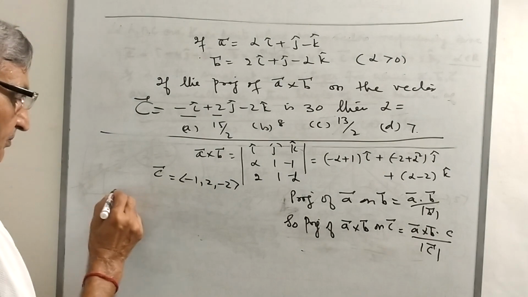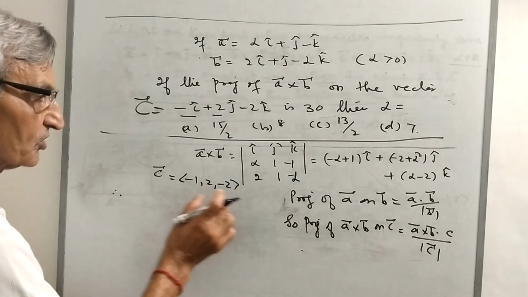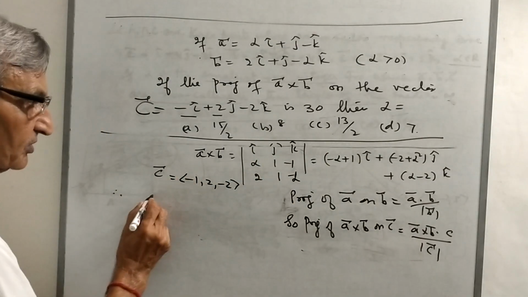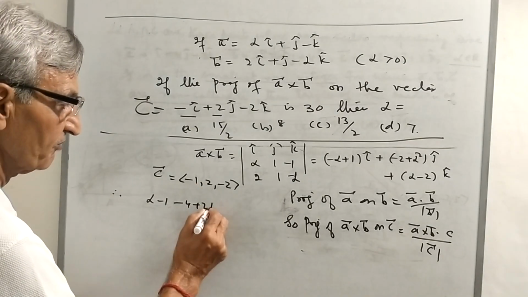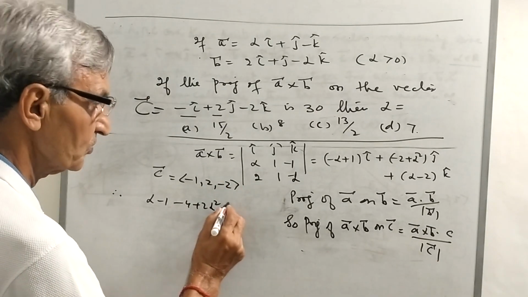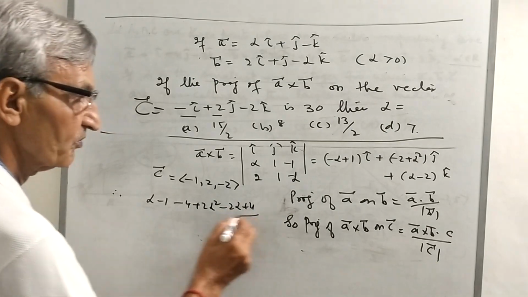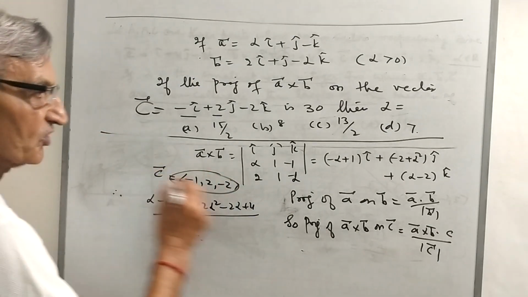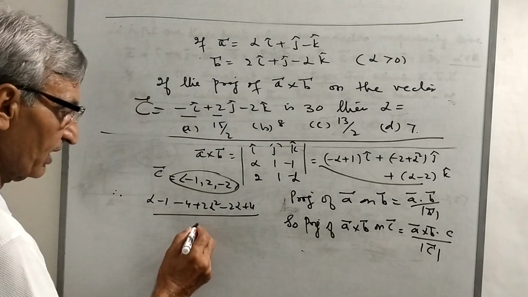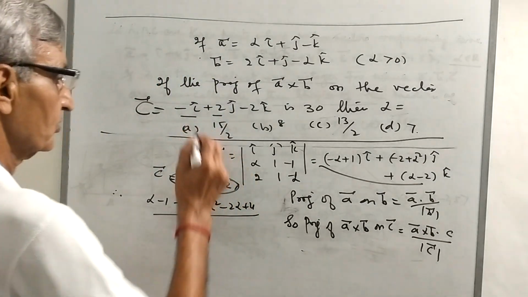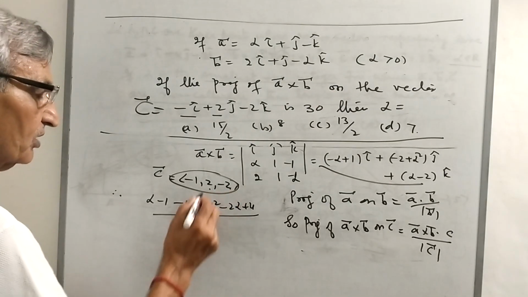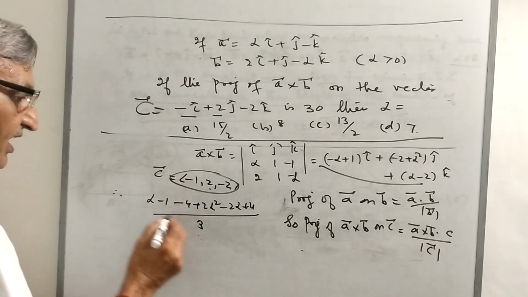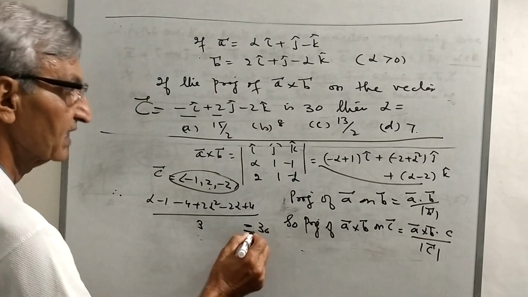Now, what is the projection? A cross B dot C gives minus alpha plus 1, 2 into 2 is 4, minus 4 plus 2 alpha square minus 2 alpha plus 4, divided by the magnitude of C. The magnitude is 1 plus 4 plus 4, that is 9, so it is equal to 3, and this must be equal to 30, as given here.